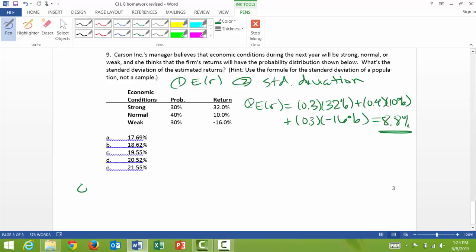So another way to write standard deviation is this way. And if you remember, we had to write a long equation, so I'll put a bracket. First you take the first probability, 30%, times the return in that state, 32%. Let's write all this in decimal form, so it'll be less confusing.